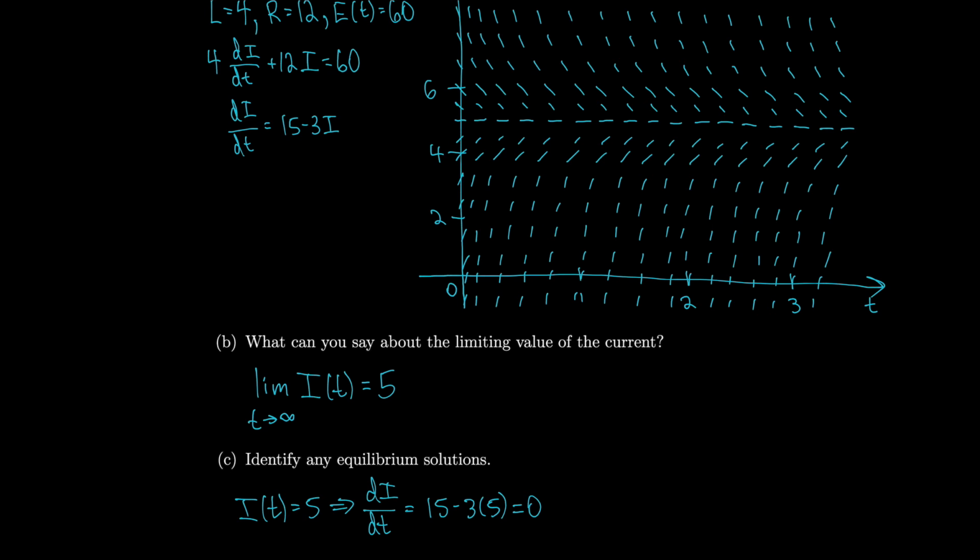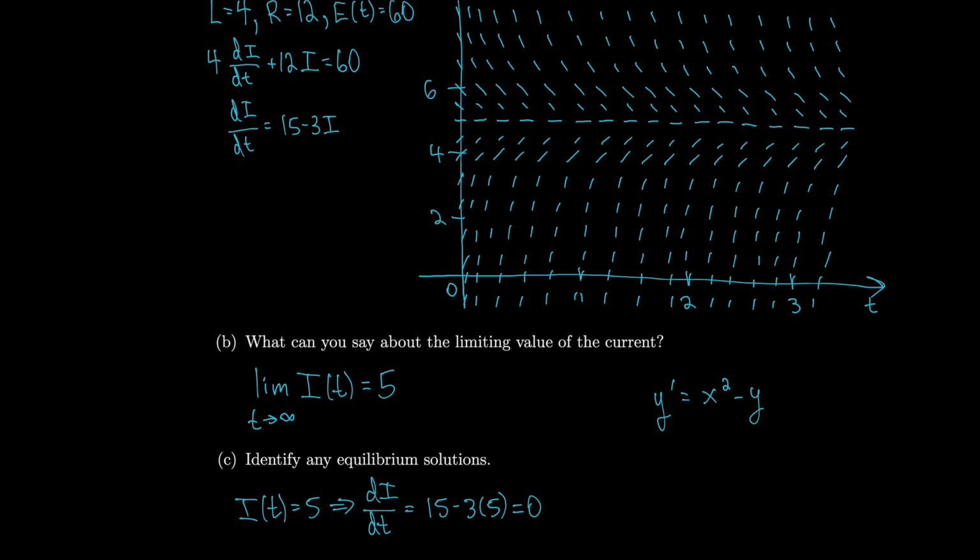Equilibrium solutions don't have to be just straight lines, though. In general, say you had a differential equation that actually had some of your independent variable involved. In this case there's no t, there's just i and di/dt. But say you had something like y prime equals x squared minus y.